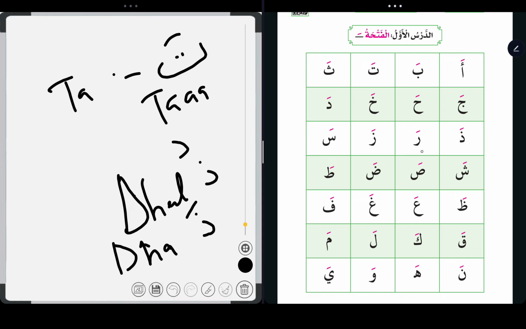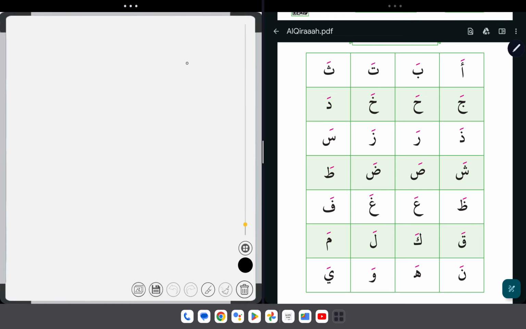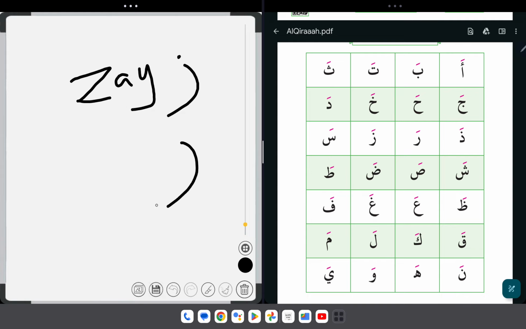Now we have the letter ra, but in the case of this letter ra carrying fatha, it becomes what? Ra, ra. So here we have zai, okay? We have letter what? Zai, but now this zai is carrying fatha, it becomes za, za, and not even za.